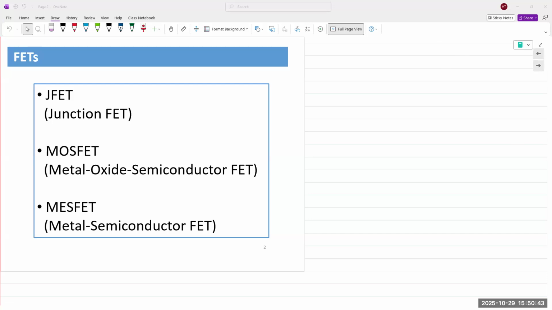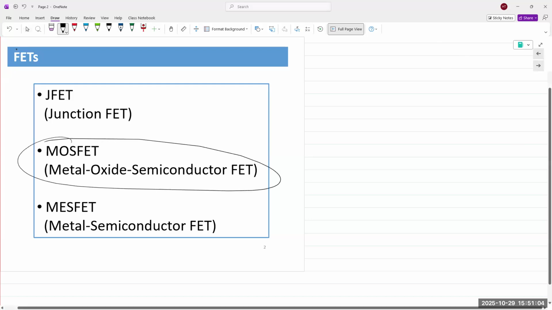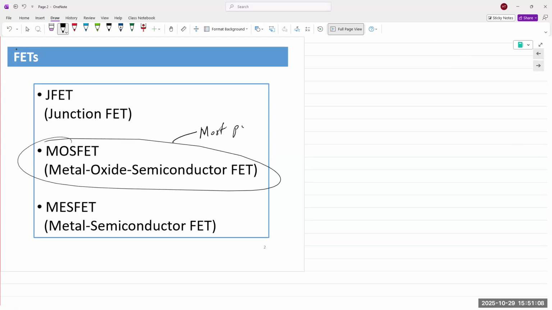And there's no misfits. Okay. So JFETs are not as widely used anymore. Okay. Most popular is, what's the most popular? MOSFETs. You've all heard that. Everything nowadays is built on MOSFET technology. Most popular, most common.